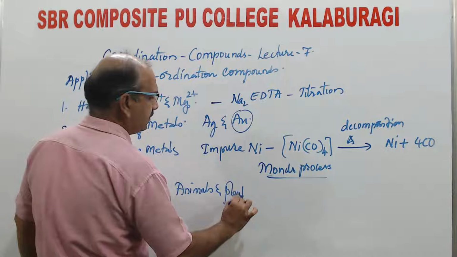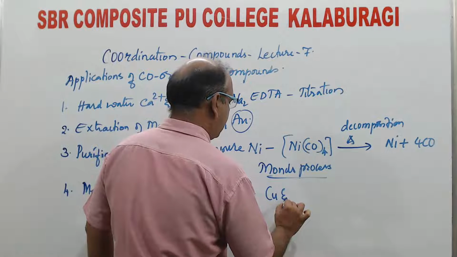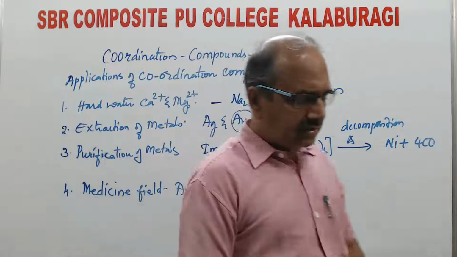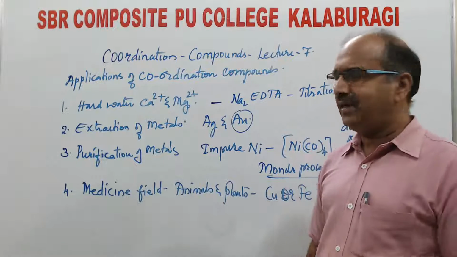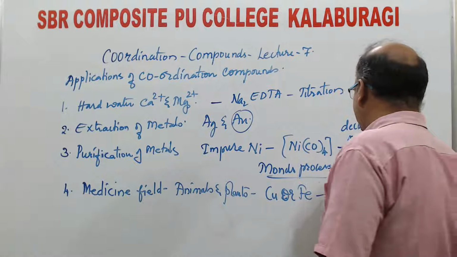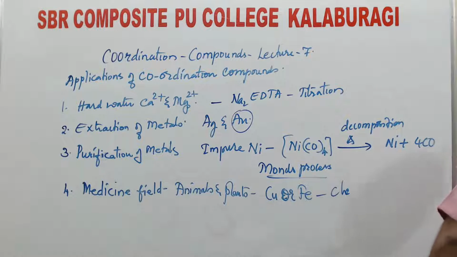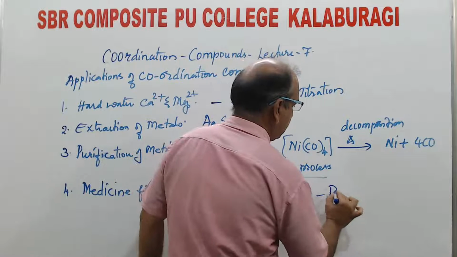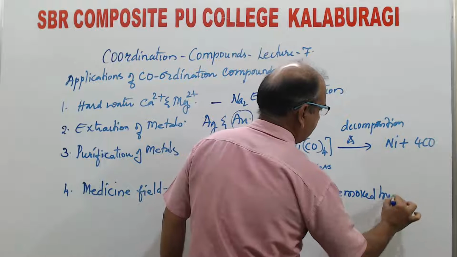If at all there is copper or iron present as a contaminant in our body, it can be removed by the chelating process. It shall be removed by chelation.